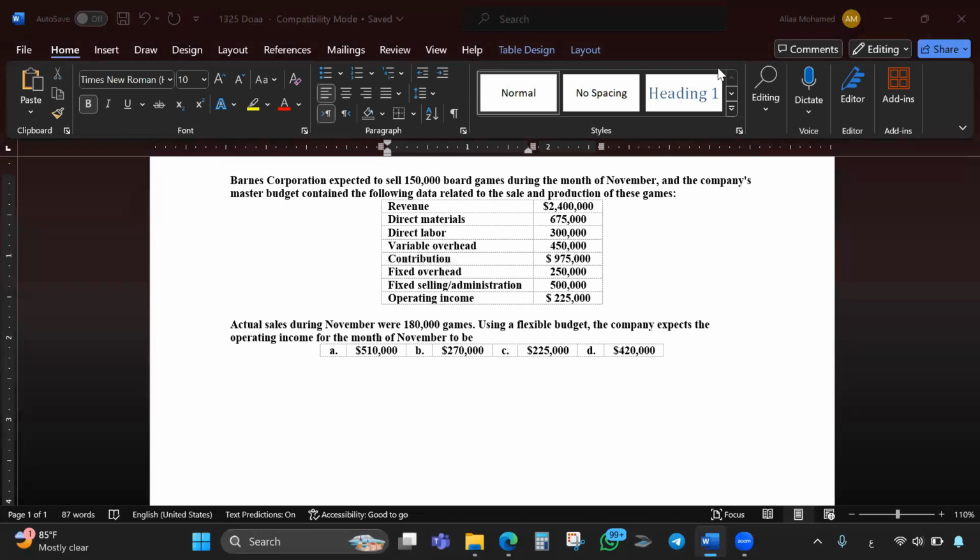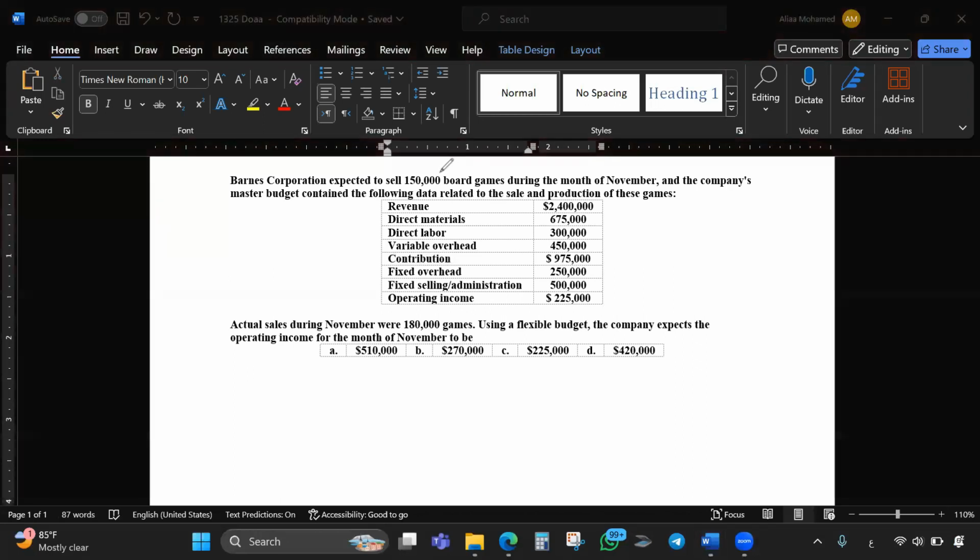Here is the idea. The idea is that he gave you the budget in accordance with 150,000 units, while the actual results, or the actual sales, were 180,000 units.